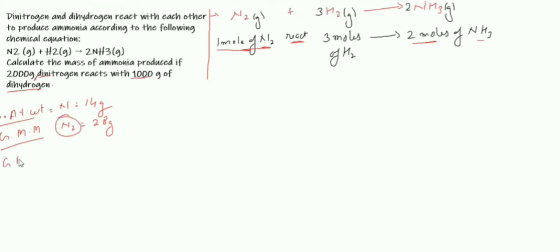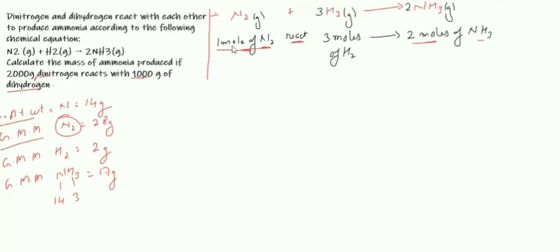Similarly, the gram molecular mass of hydrogen H2 will be 2 grams, and the gram molecular mass of NH3, ammonia, will be nitrogen 14 plus 3 hydrogens, which gives us 17 grams. So here we can use this term.